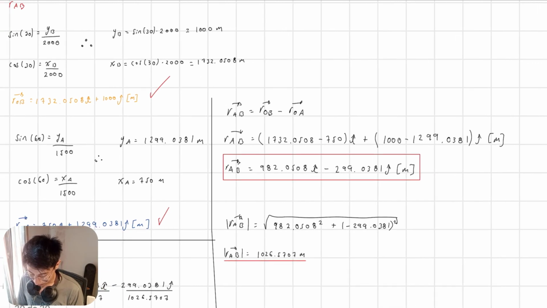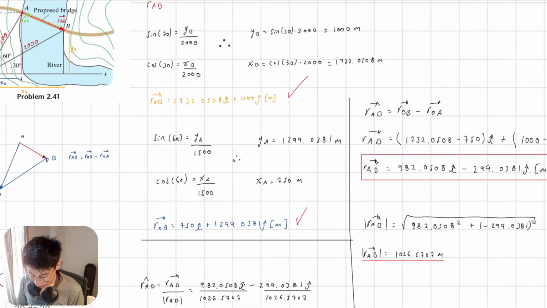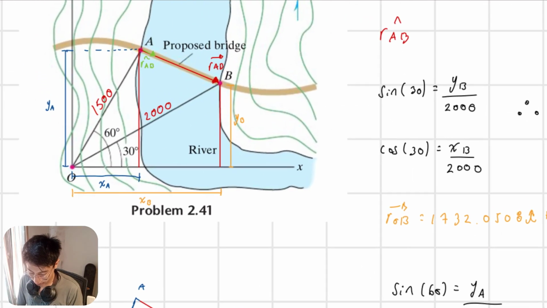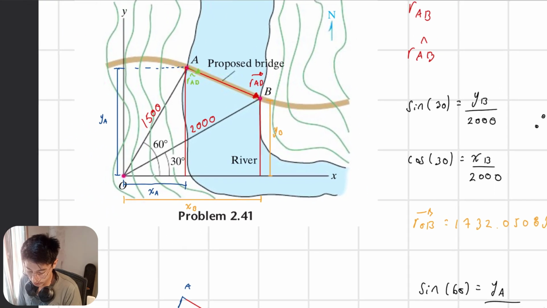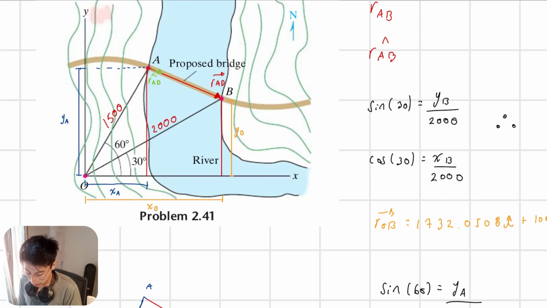For example, I knew when I solved this and this that at least the signs are correct. Why is that? Because towards this direction we have the positive numbers for y, and towards this direction we have the positive numbers for x, right?